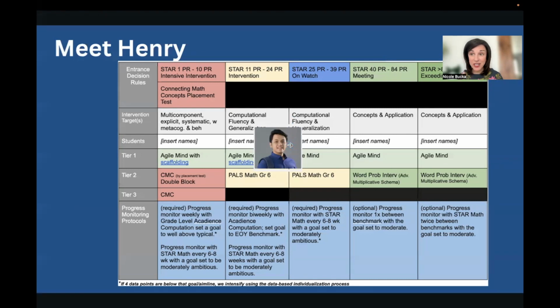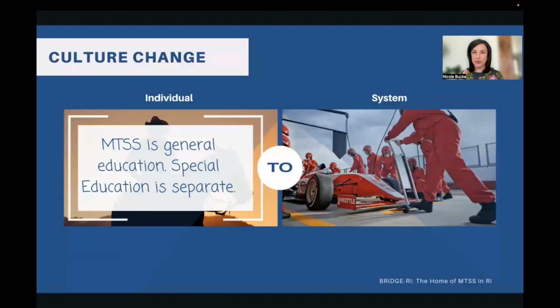So even though he has an IEP, he is not here in the most intensive level. He actually belongs in what we often call a gen ed intervention, right? PALS. He's going to remain here in his core classroom, and he is going to do peer-assisted learning strategies. Our point is that a student having an IEP doesn't always mean that their needs are intensive. They can be as diverse as all students.